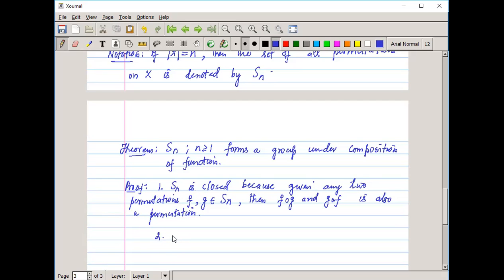The second property is Sn is associative.